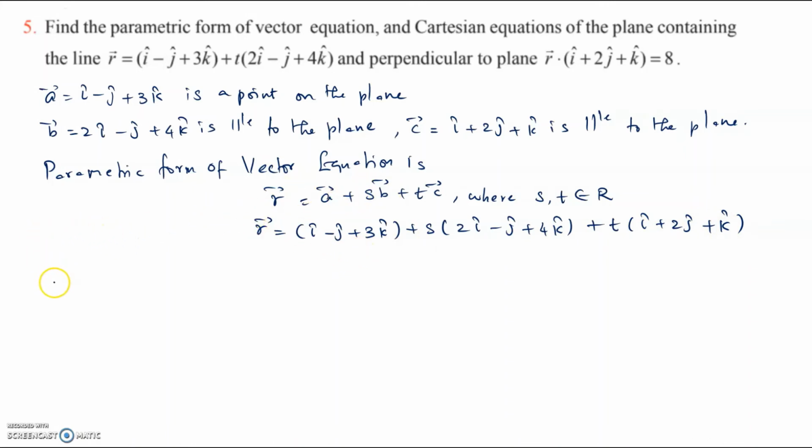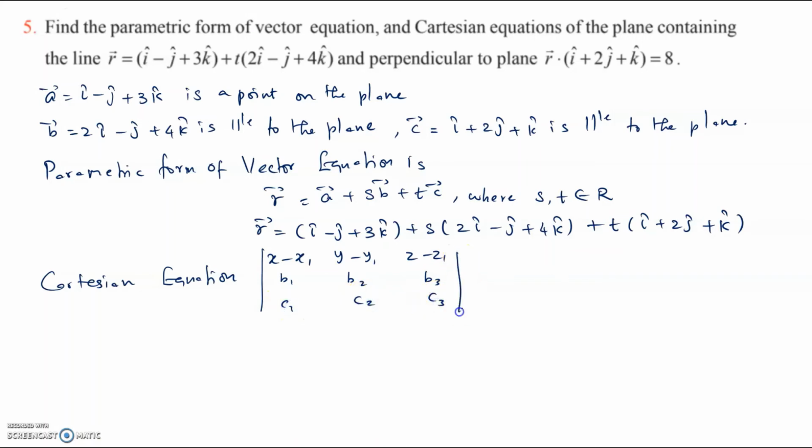Now for the Cartesian equation, it's given by the determinant x minus x1, y minus y1, z minus z1, b1, b2, b3, and c1, c2, c3.